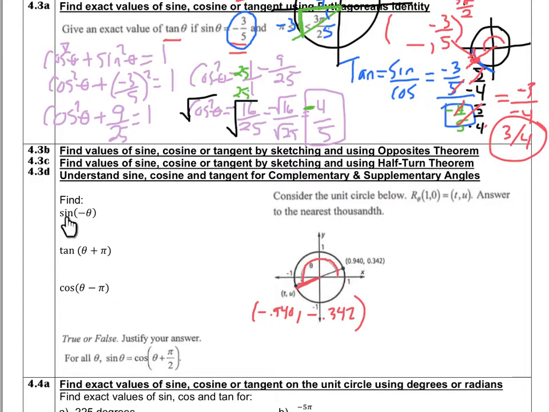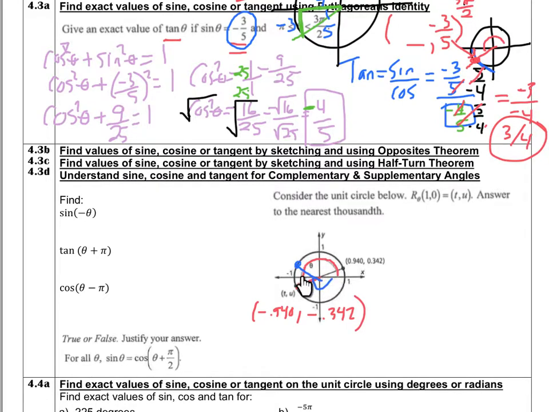They want to know the sine of the negative of the angle. Well, if this is the angle movement originally, the opposite of that angle would be going backwards. If you move opposite, you're going to go backwards that same amount, and you're going to land somewhere about right here. When you do that, what is this ordered pair? This is just a reflection of that up there.